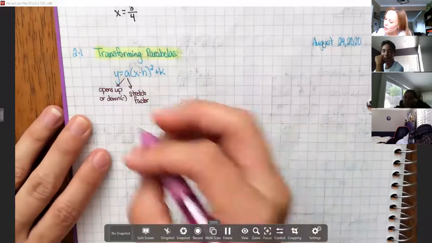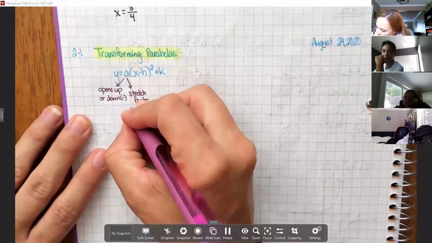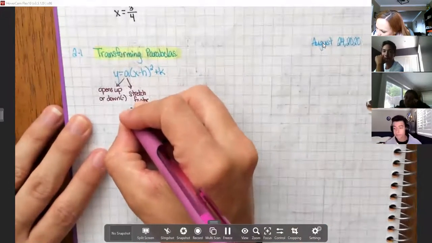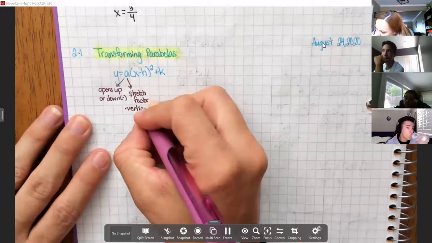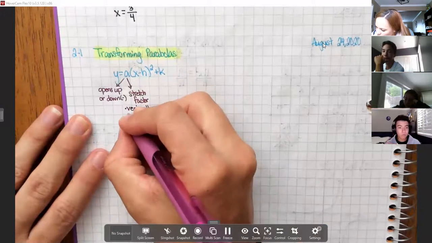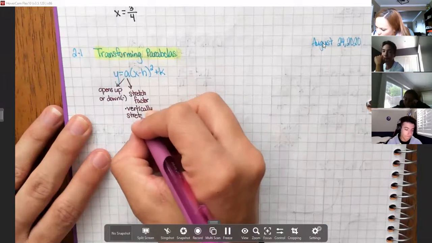Which will tell you if it's vertically stretched or compressed.